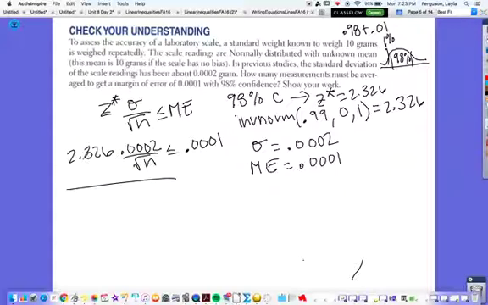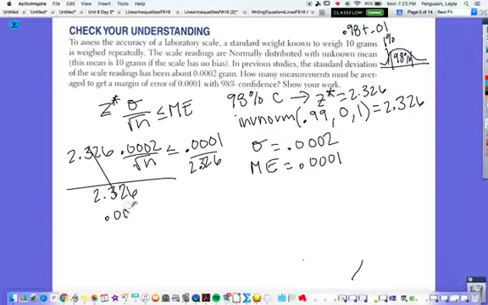So I'm going to start by getting rid of anything that's on this side that's not part of the part that's got the n in it. So I'm going to divide by 2.326. So that's going to cancel.